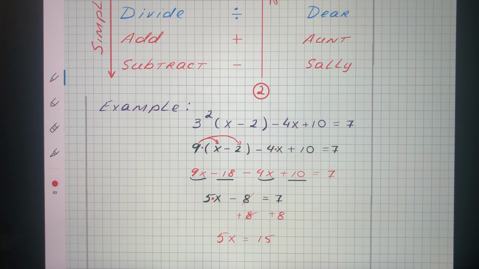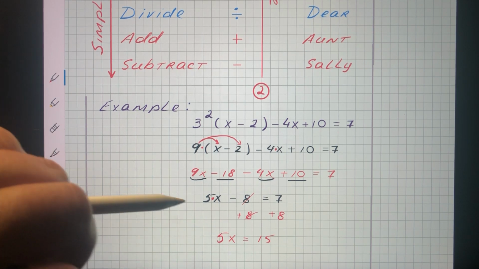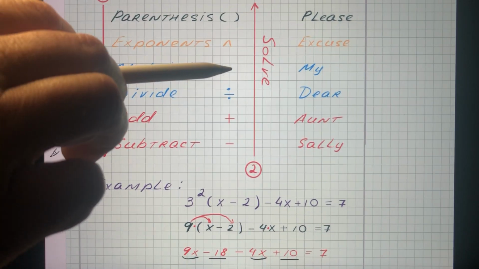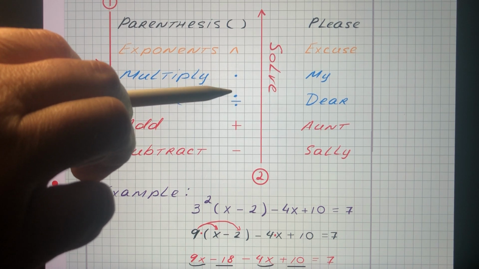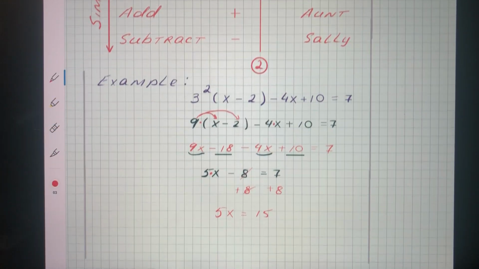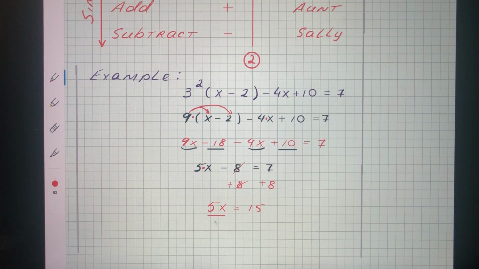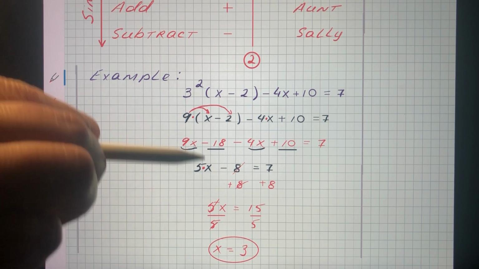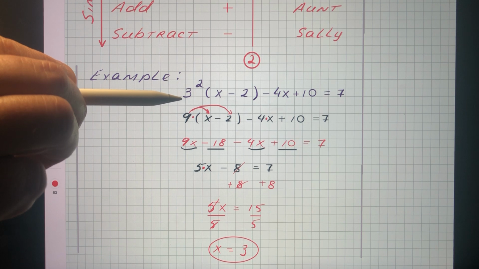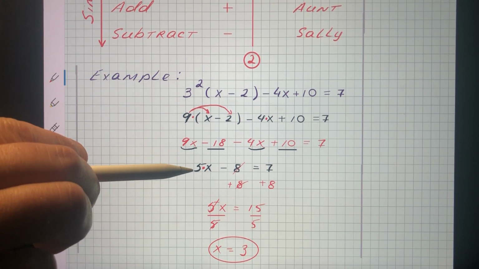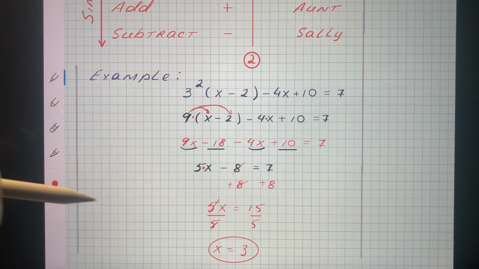Now, the only operation left is a multiplication. And to cancel multiplication, we use division by the same number. So now we divide both sides by 5 and we get our answer. x is 3. This is the final answer to our original question. And this is how to use PEMDAS to both simplify and solve an equation.